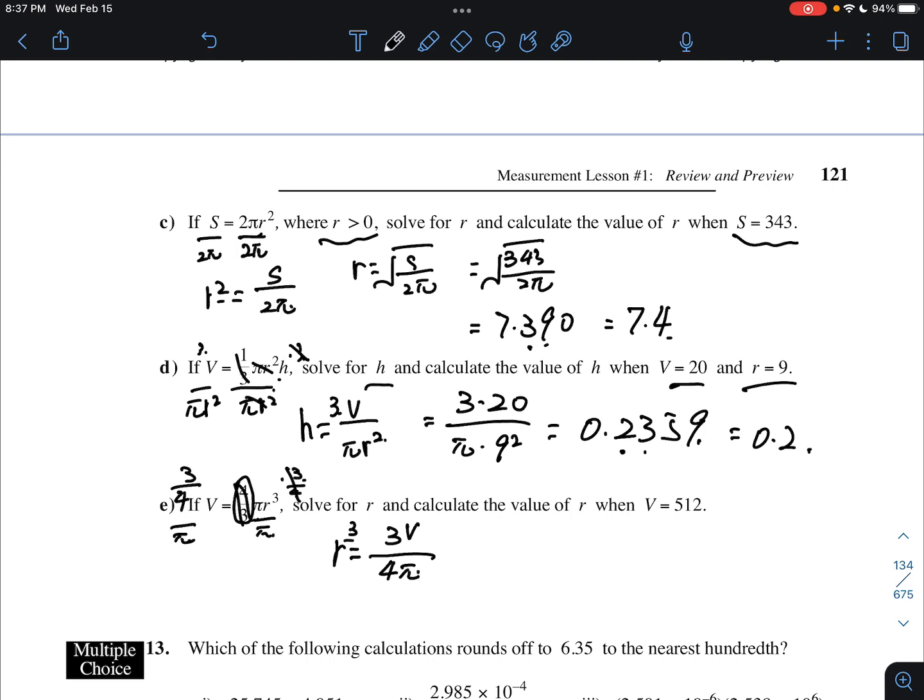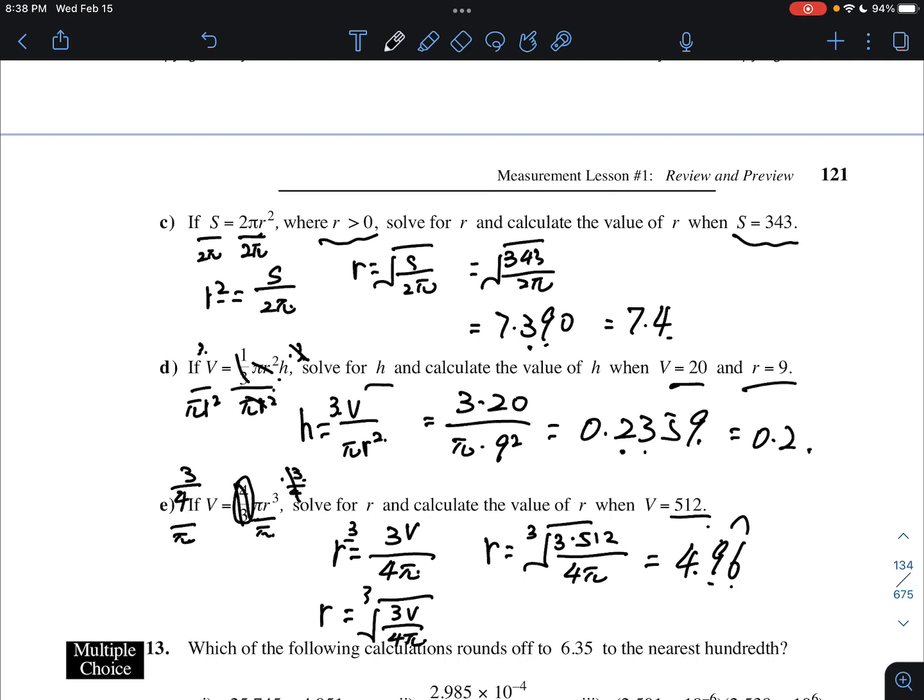And then for the cube, we can write R equals cube root of 3V over 4 pi. And V is 512, so we can rewrite the equation as R equals cube root of 3 times 512 divided by 4 pi, so it equals 4.96, and we need the tens, and 6 is 5 or more, so we round up, so the answer is 5.0.